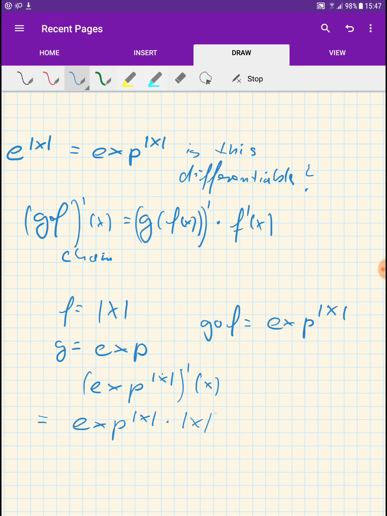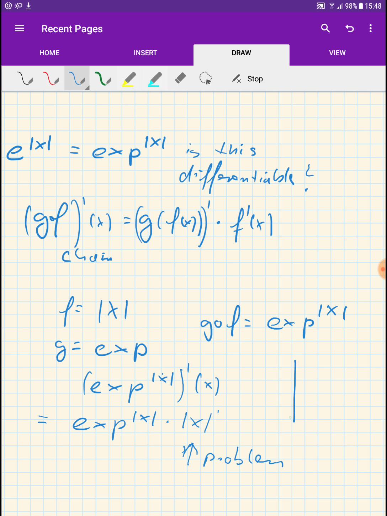We would like to write something like that, but now here we run into a problem, because as you surely remember, this function, the absolute value of x, does not have a derivative.